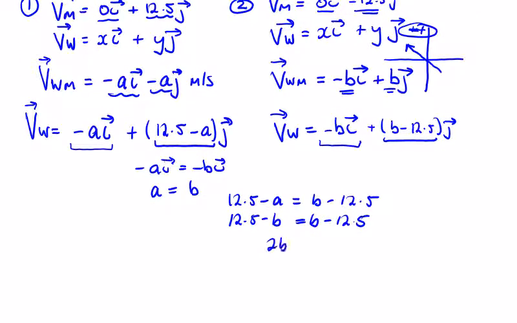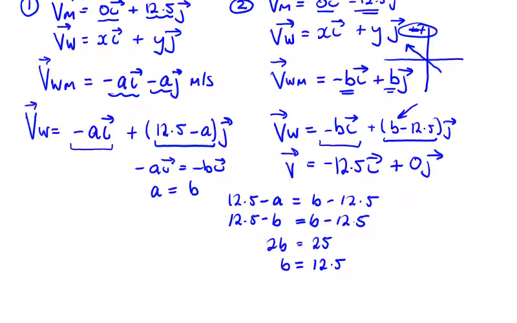So you're going to get 2b equals 25, so b is 12.5. So the velocity of the wind is minus 12.5 in the i direction, and in the j direction we're going to get 12.5 minus 12.5, so 0 in the j direction.